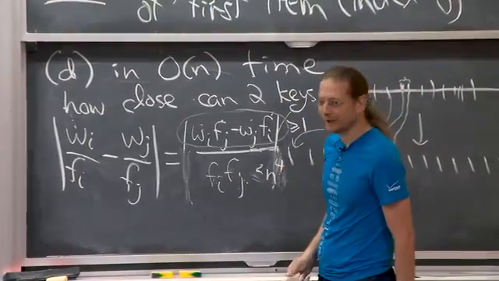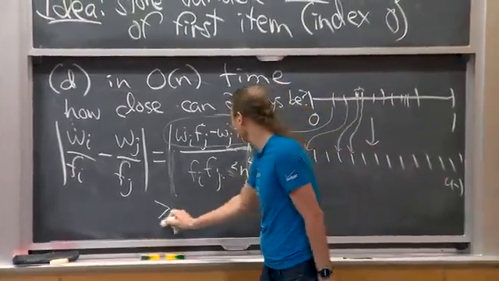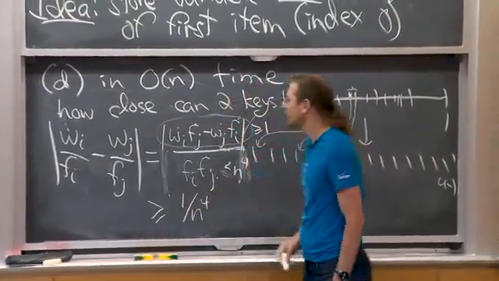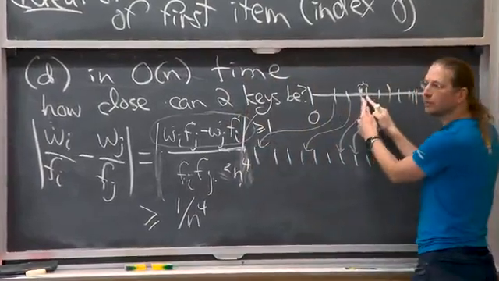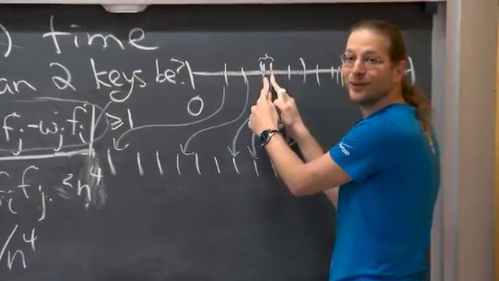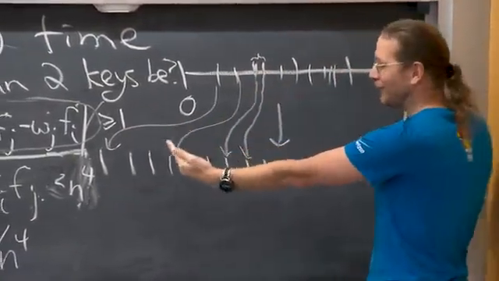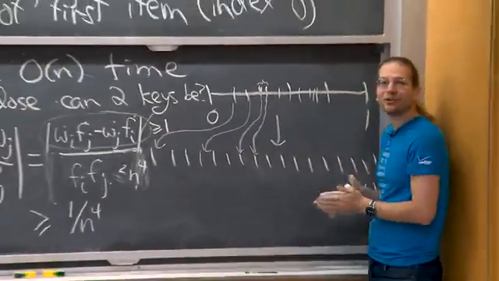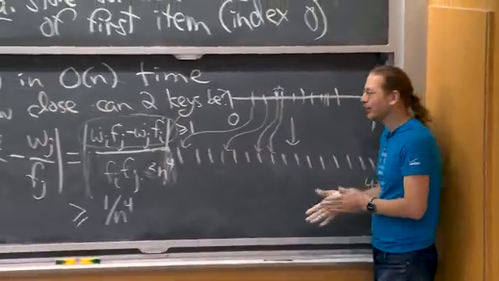So it's n squared squared. So this is at least 1 over n to the 4th. So the closest the two points can get here is 1 over n to the 4th. So what could I do to scale that up to make them kind of like integers? Multiply by n to the 4th.